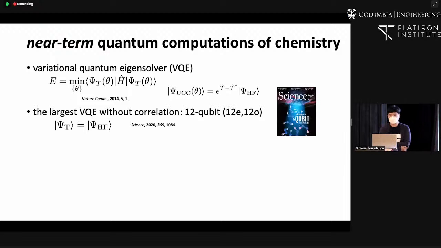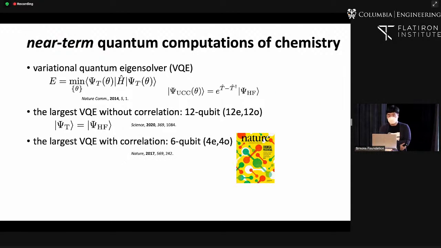But if you look at the literature, the largest VQE computation that's been done so far has 12 qubits total. And somewhat surprisingly, the trial wave function they used was Hartree-Fock theory. And as I said, Hartree-Fock theory has no correlation. So this is a classically tractable calculation that they actually did, even very small scale, 12 qubit.